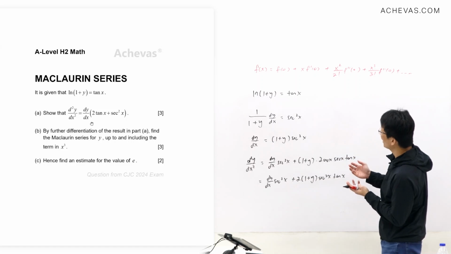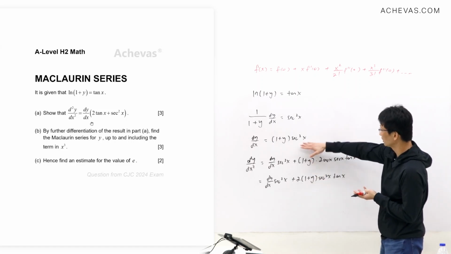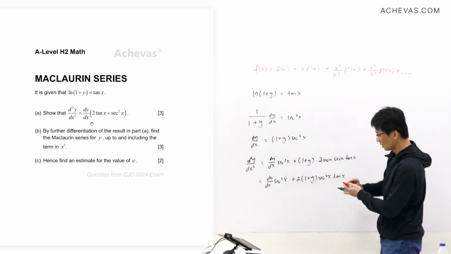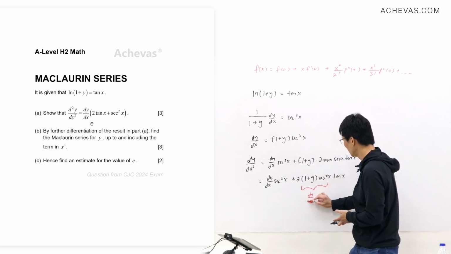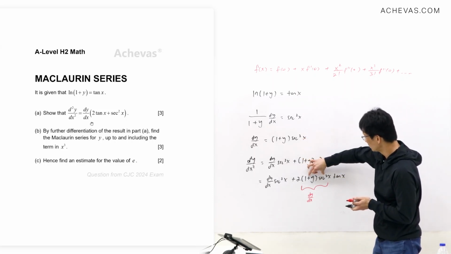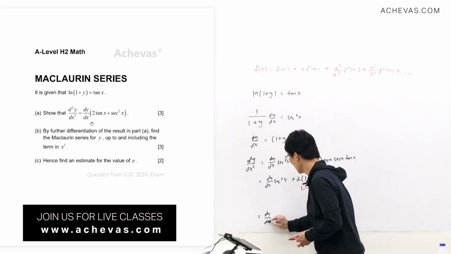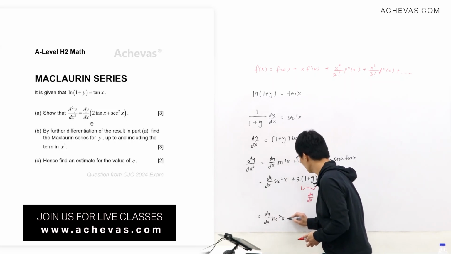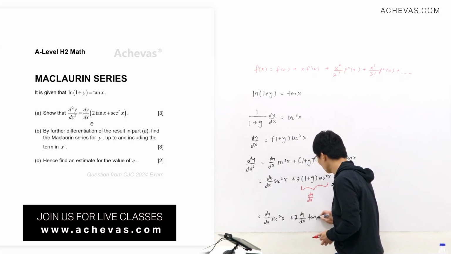So let's see where we can do a replacement for this part. I think I see something. That is this expression here. I can see that actually this is the same as dy/dx. So we can do a replacement for this part. So I will get dy/dx sec²x plus 2 dy/dx tan x.